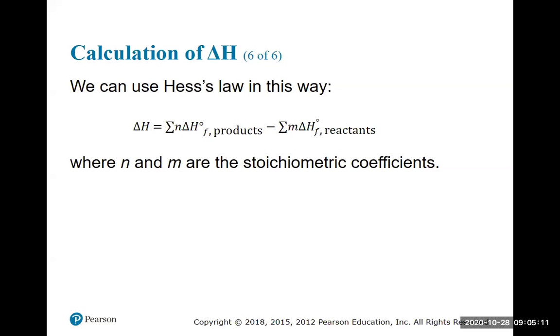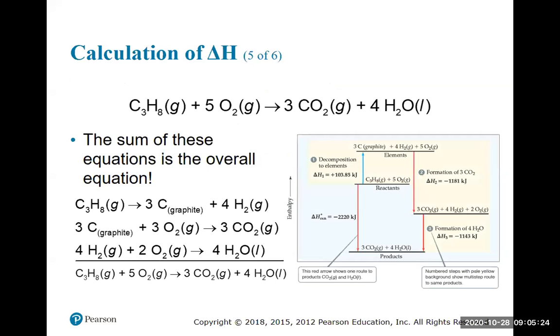So we can use Hess's law, formation of products minus formation of reactants. And we just have to remember to use those stoichiometric coefficients. So in this case, those stoichiometric coefficients are the 5 in front of oxygen, 3 in front of CO2, 4 in front of water.